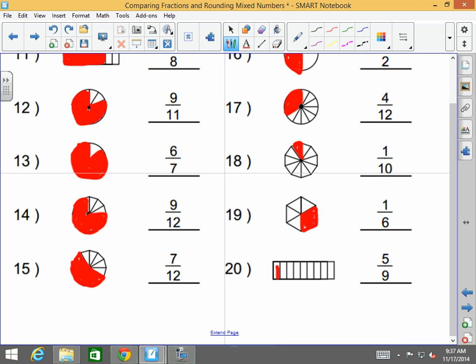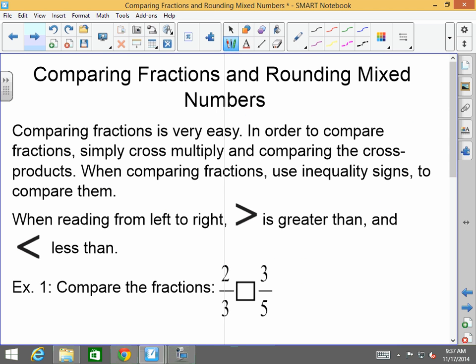That means that 1, 2, 3, 4, 5 of these little rectangles are shaded in out of 9 total rectangles that form the whole. Does that make sense, gentlemen? Promise? So do you all understand what a fraction is and how to recognize one visually? All right, let's do it then. Now let's get to the lesson at hand today, my brothers.